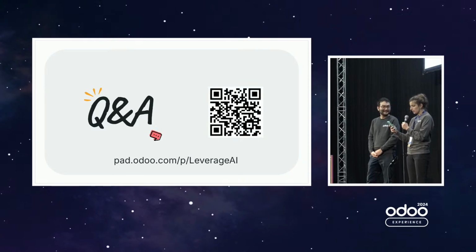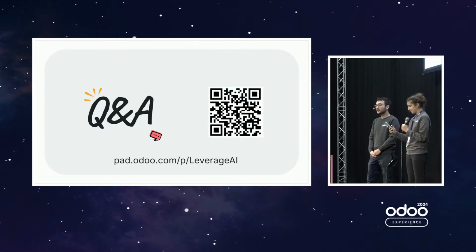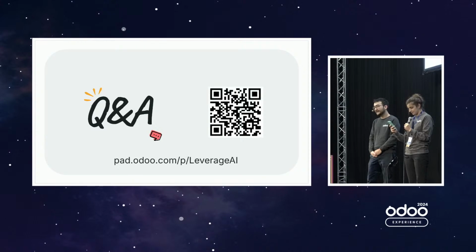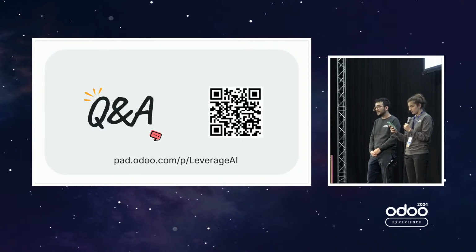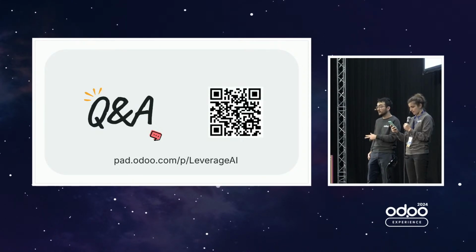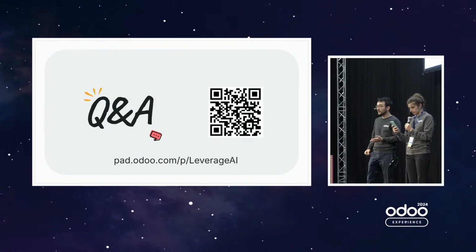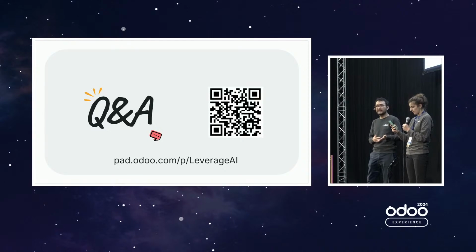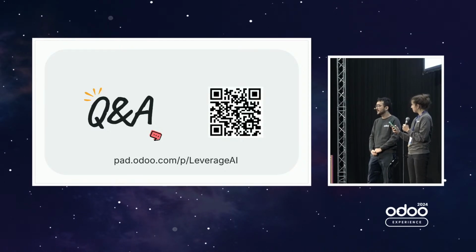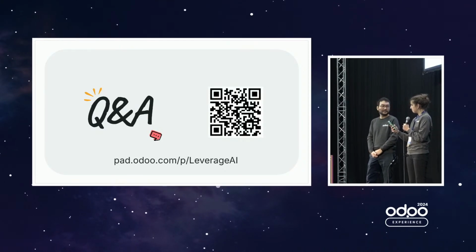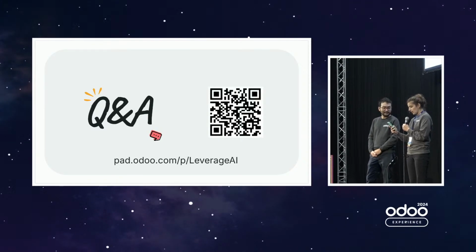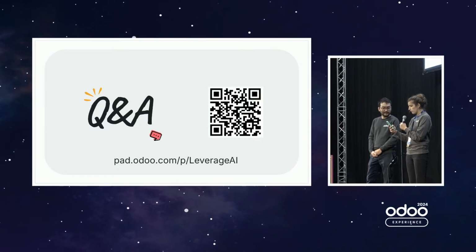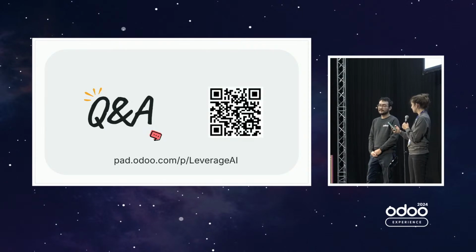Is the OCR free? So the OCR, you get, I believe, 200 free credits, so you can scan and digitize 200 documents, and then you have to purchase OCR tokens that are about, I believe, 10 cents a page, or 10 cents per document. What is currently the roadmap for AI in Odoo?